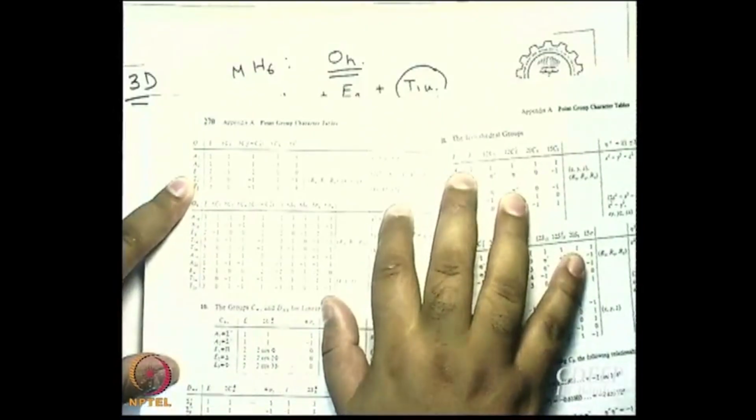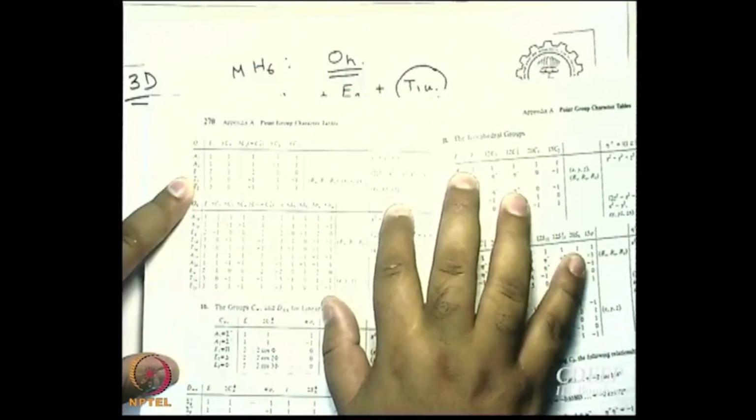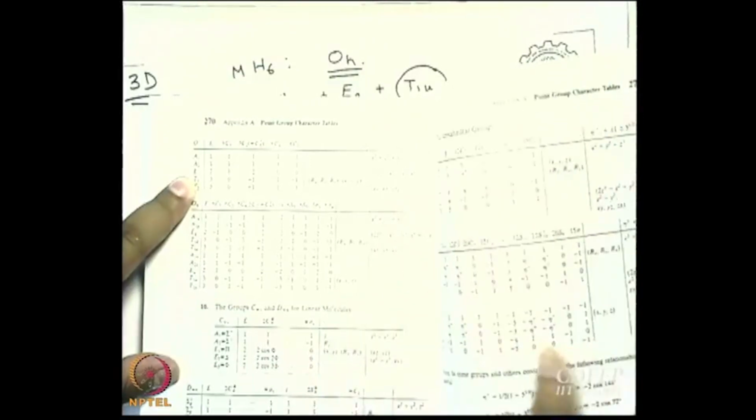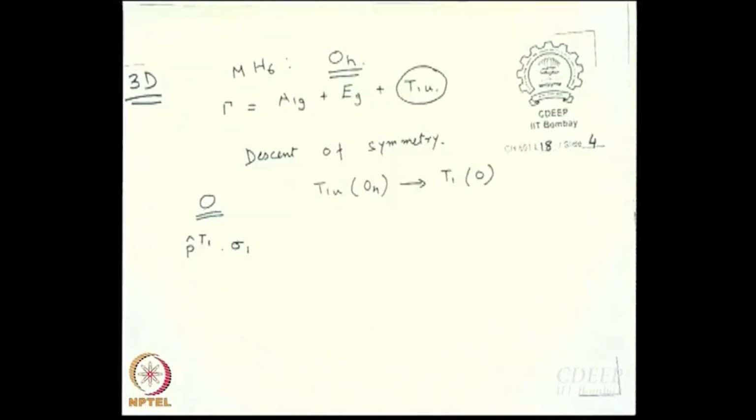But I had promised that I will not make you work out the projection operators for anything after the first problem. So, I will just give you the answer, but I strongly suggest that you work it out yourself later on, otherwise you will not get the practice.